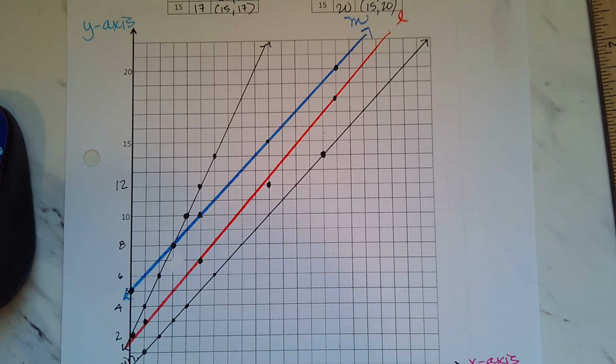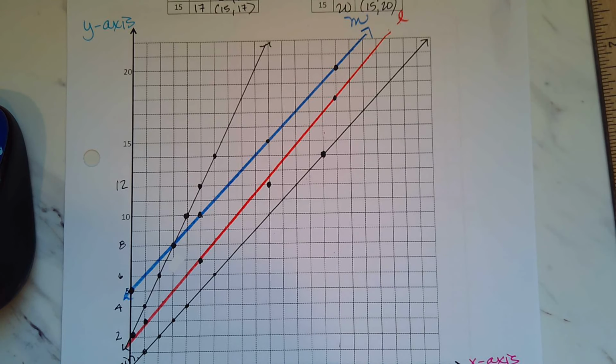Well, to begin with, they're parallel. So they look like they are going up at the same angle. They look like copies of the same line, except M is farther up than line L. Correct?